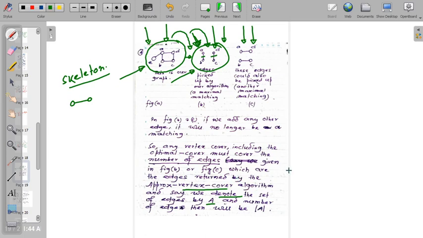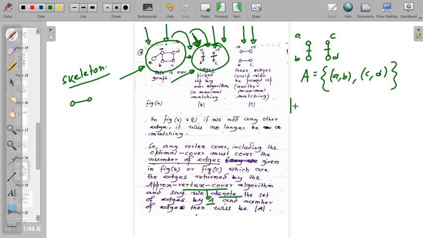That means our algorithm will be returning some edges, as we have seen. It will be returning some edges A. So how many edges is it returning? It is returning AB and CD, so two edges. That we are denoting by this set A.